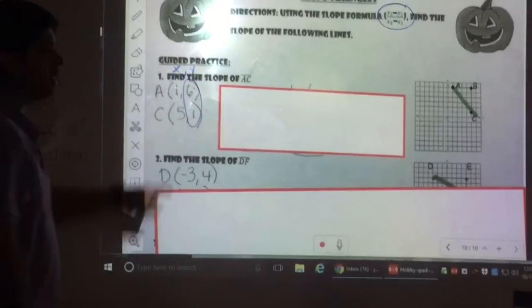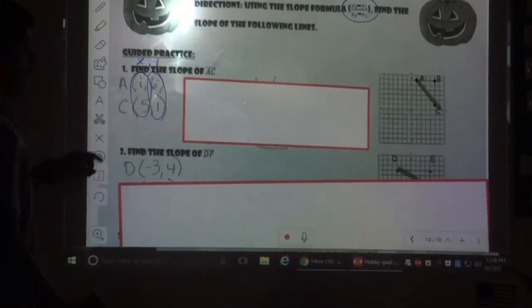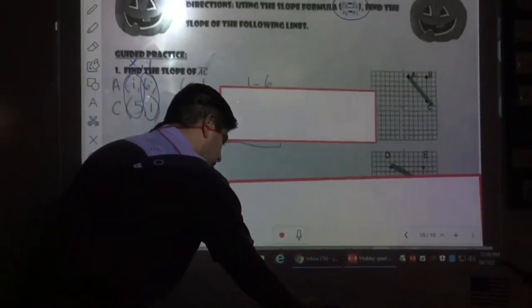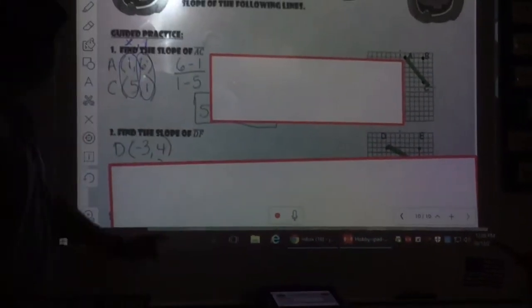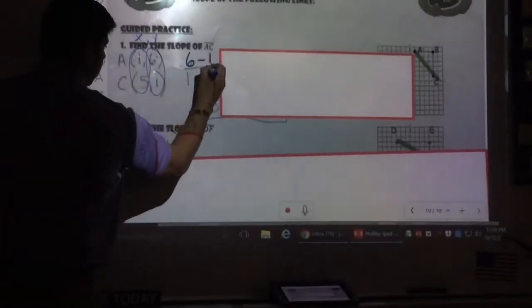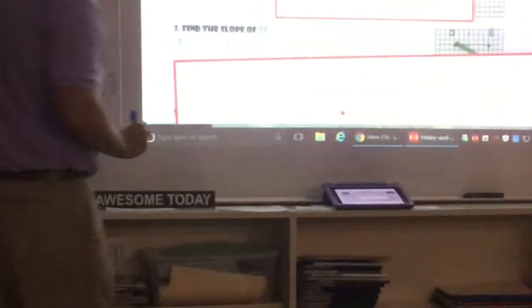We subtract 6 minus 1. Then we take the 1 and the 5 and subtract 1 minus 5. So you would set it up just like that: 6 minus 1 over 1 minus 5.